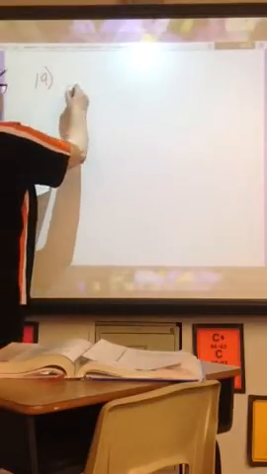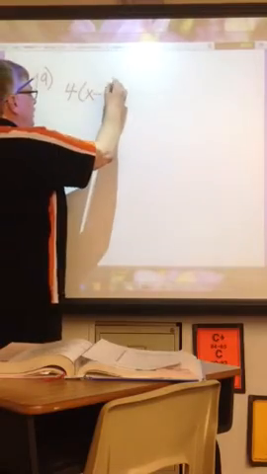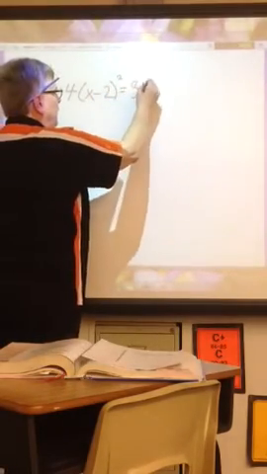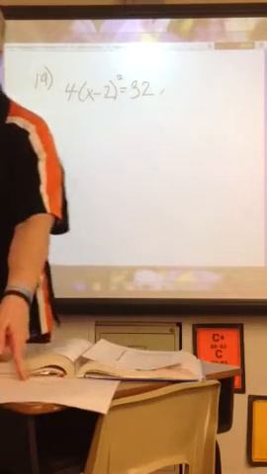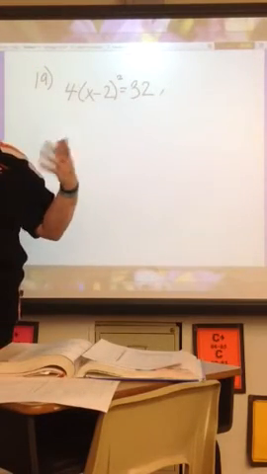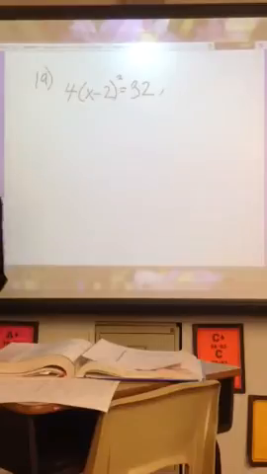Now, on 19, eventually you were going to be asked to do these without a calculator. At 20, you just put it in your calculator and either use the table or the calculate one. What's your first step on this one? Divide by 4.